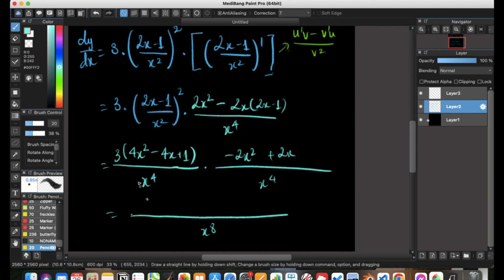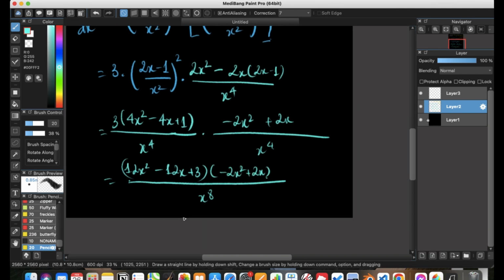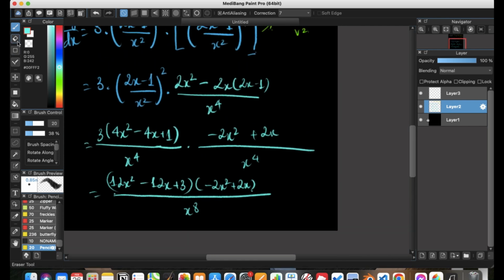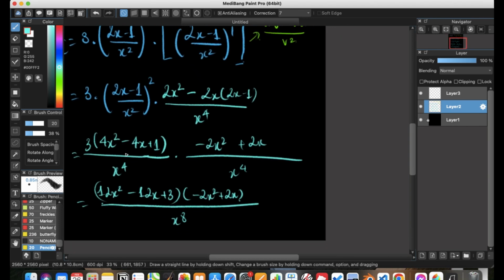Wait, where's my eraser? And we can easily divide this with respect to x, right? But I'm going to do it right now, right here. Oh, we ran out of space again.